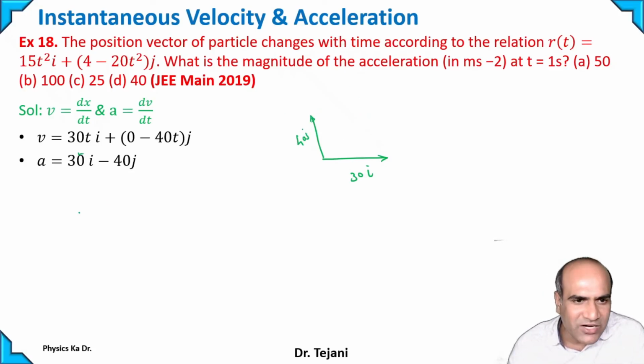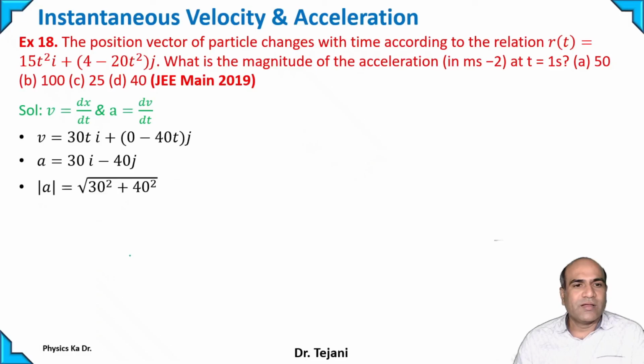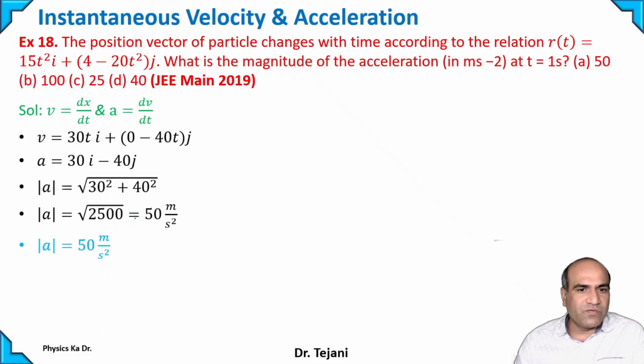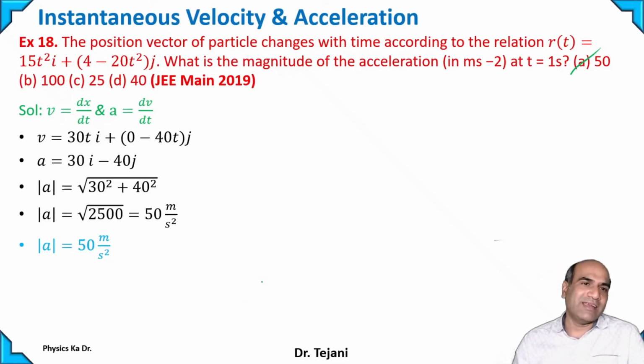And if you need the magnitude, a is equal to under root of 30 square plus 40 square. 30 square plus 40 square is 2500, so a is equal to 50 meter per second square. That was asked in JEE Main 2019.